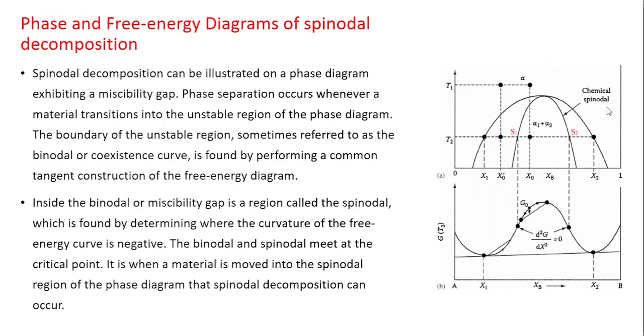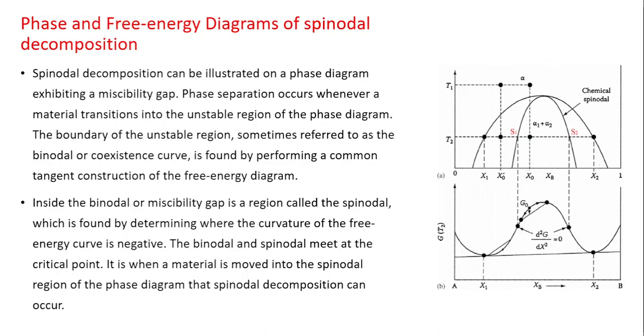So in this diagram, alpha phase is stable everywhere outside this inverted dome type of phase field, where alpha is no longer stable, and it may separate into two phases, alpha 1 and alpha 2.